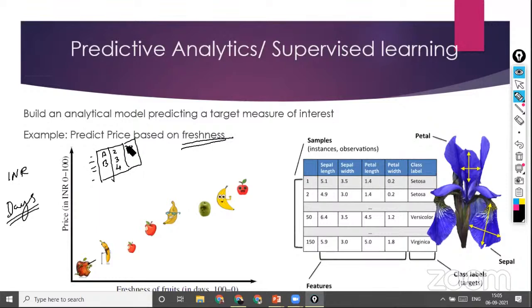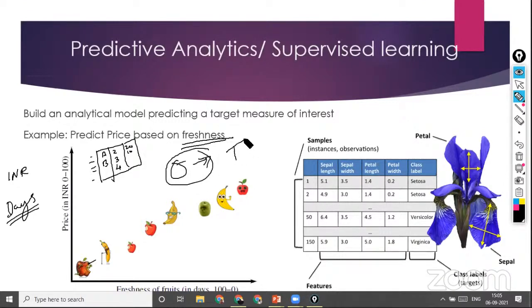Okay, so with this data set, our aim is to find out, say you got a new fruit, like you got a new apple, and you know the number of days, you know about the freshness of that apple, and you want to predict its price. So that is our task.